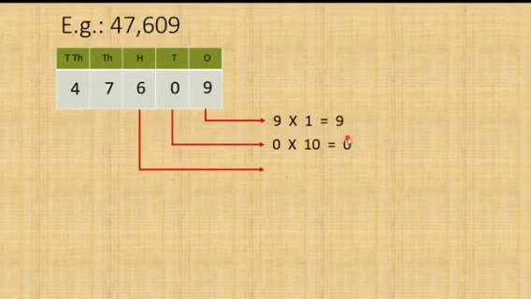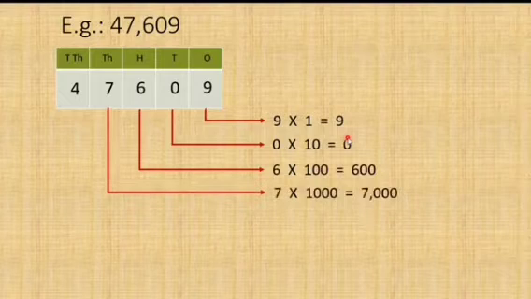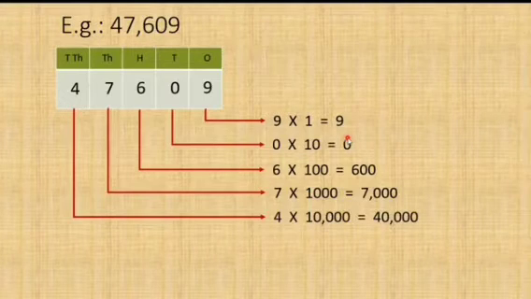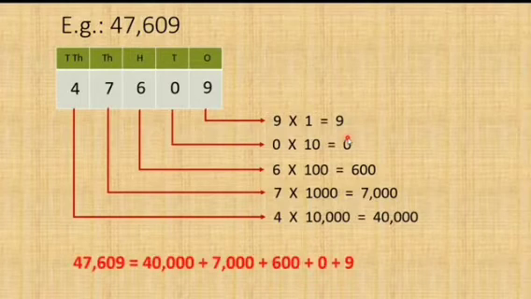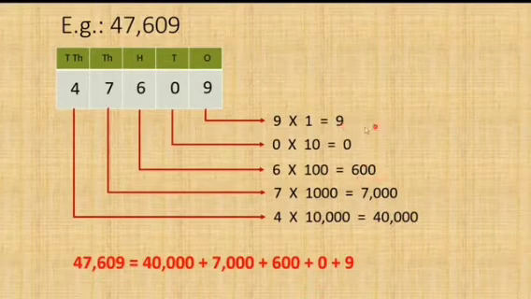Then 6 multiplied by 100 is equal to 600. 7 gets a value of 7,000. 4 gets a value of 40,000. Now the next step, represent that as a sum of all these place values. So 47,609 is represented in expanded form as 40,000 plus 7,000 plus 600 plus 0 plus 9.